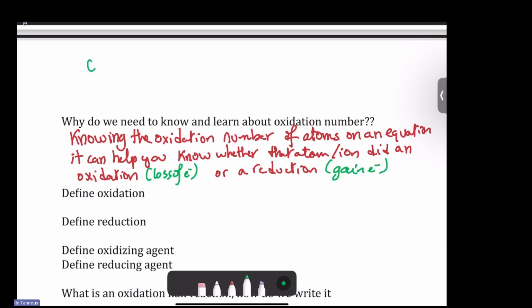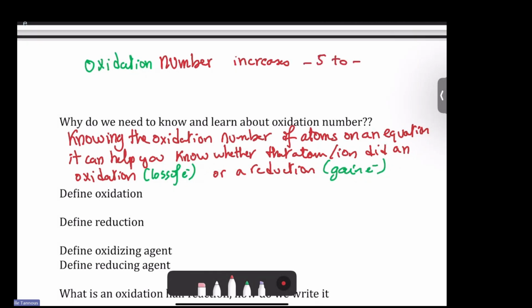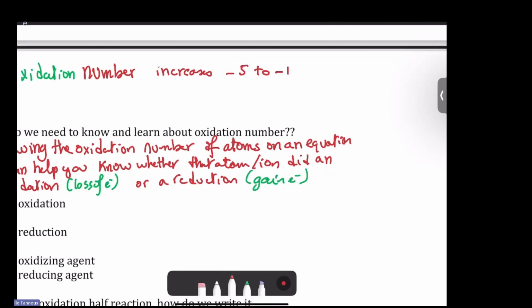If the oxidation number increases, like for example from -5 to -1, or from -5 to +1, or from +2 to +3, or 0 to +2, that's an increase. If the oxidation number increases, it means there's an oxidation taking place. So you will say oxidation.